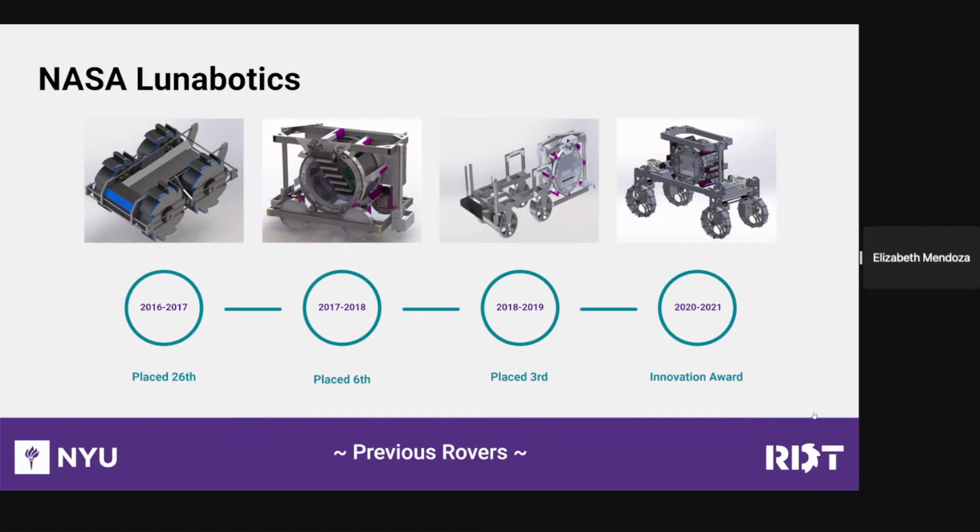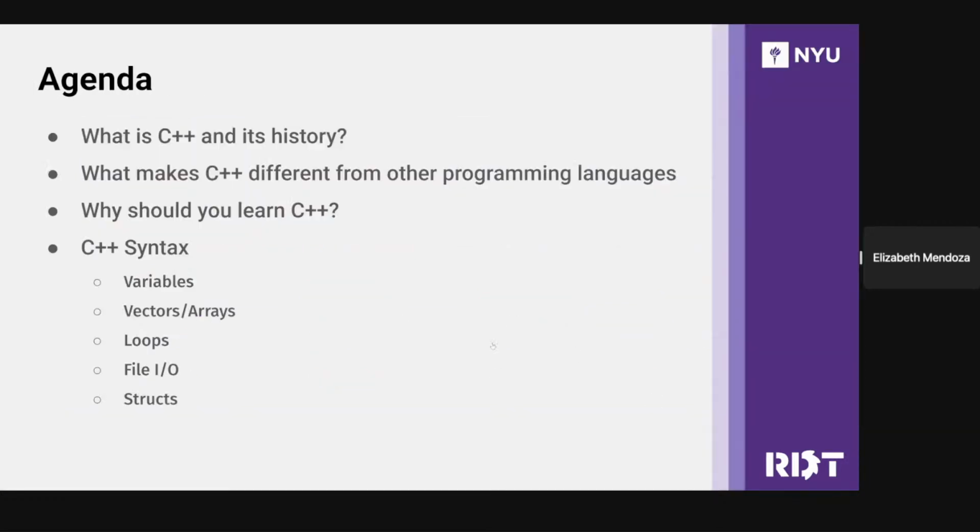This is all the mechanical side, but none of it would be possible without programming, without the CS team that's able to actually program all these different parts to work together. That leads us into what we're going to go over today. We're going to be talking about what is C++ and its history, what makes it different from other programming languages, why you should learn it, and different topics within C++ syntax.